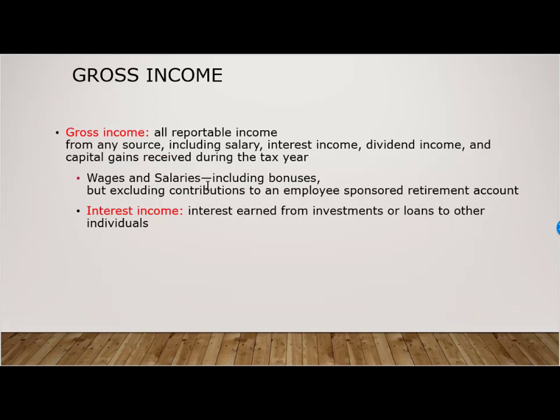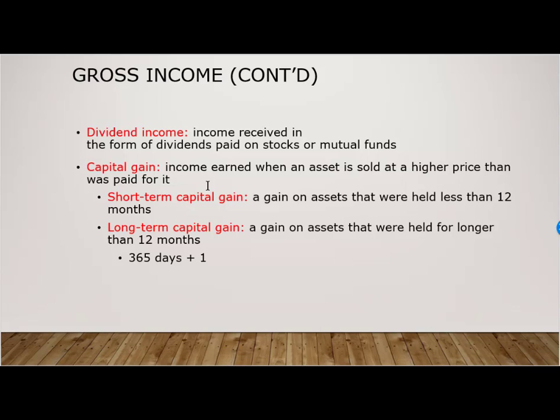Interest income obviously is earned on investments or loans to other individuals or just to investment securities themselves. Everybody understands what dividend income is. It's what you are paid if you receive payments from stocks or mutual funds.